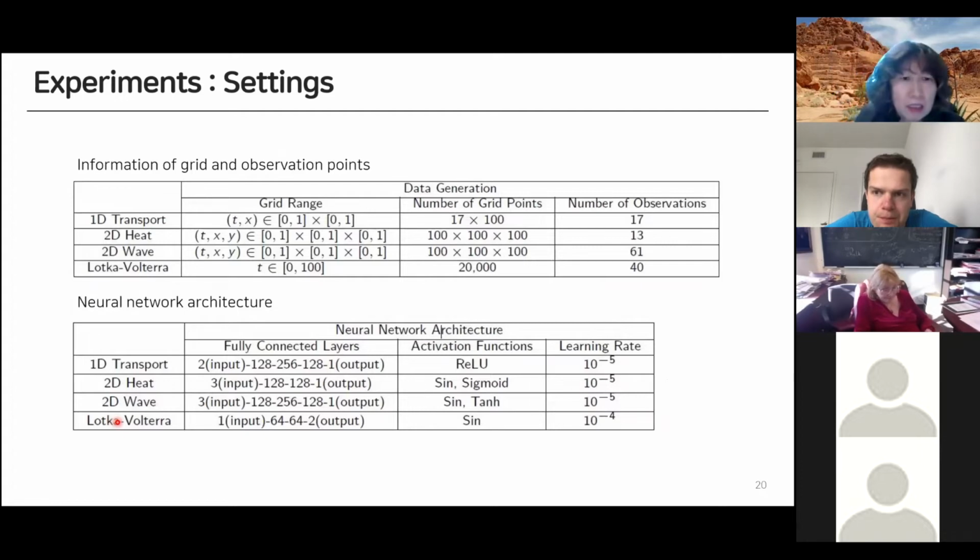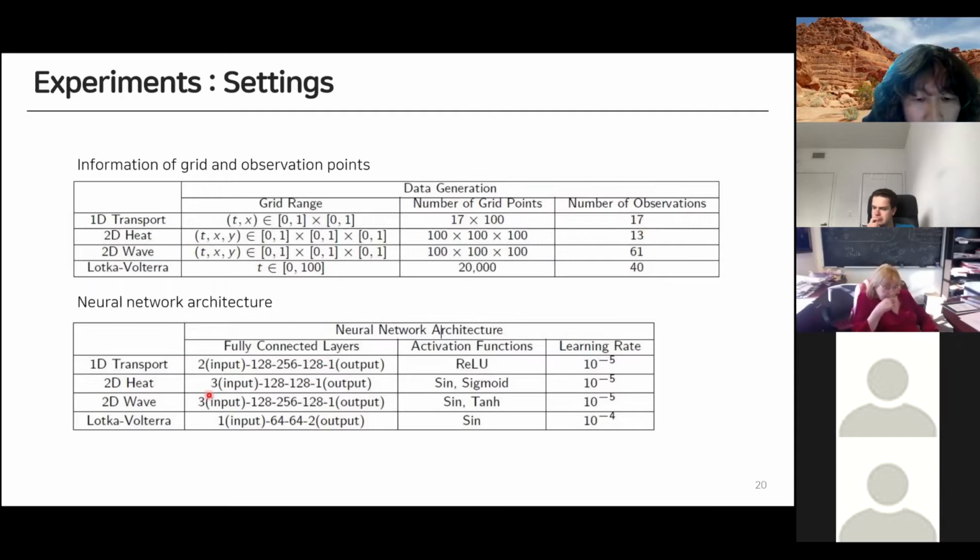Then this is the information on the experimental setting. Maybe this is useful for the real experimentalist, but anyway, the first table is information on the grid and the observation points. Here you can see for the inverse problem, we need a very small amount of data to solve the inverse problem.